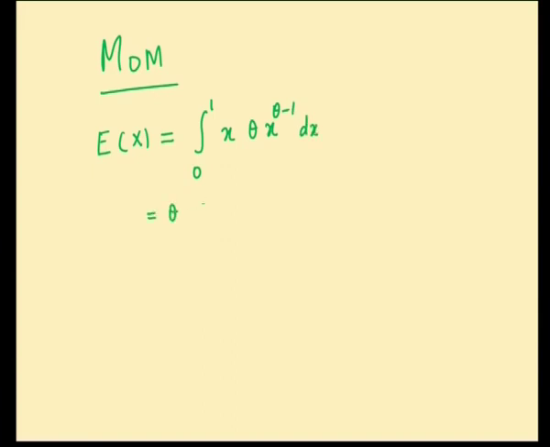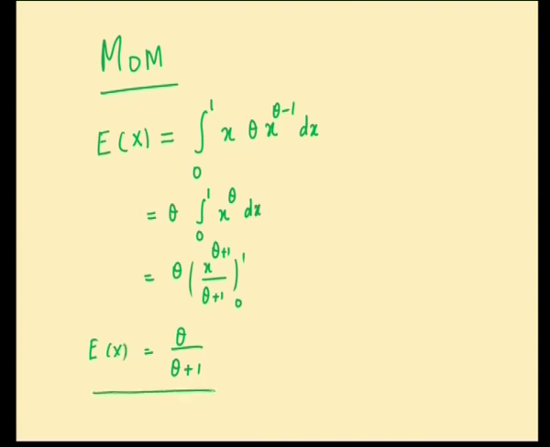So, theta times the integral 0 to 1 of x raised to the power theta dx, or else theta times x power theta plus 1 by theta plus 1 from the limit 0 to 1, and applying the limit properly, we have theta by theta plus 1. So, the expectation of x is obtained like this.